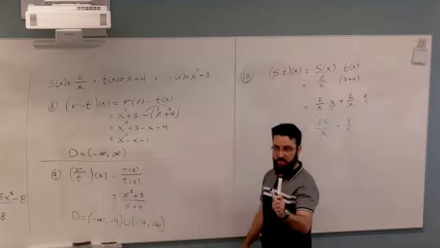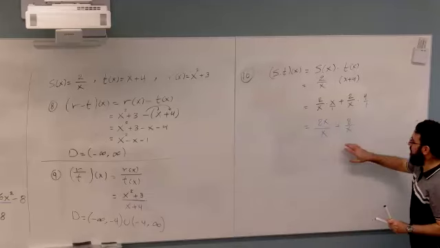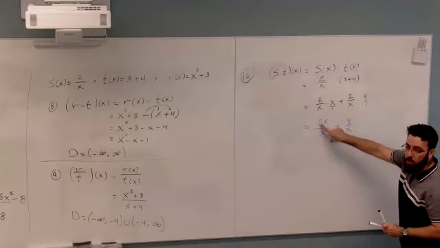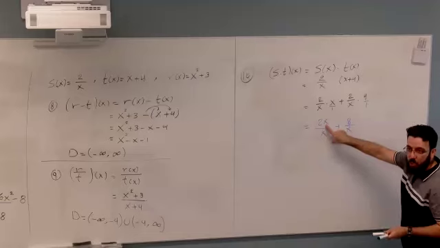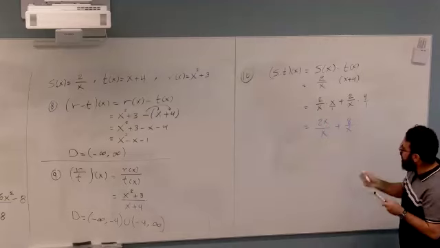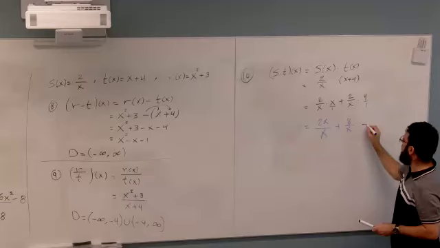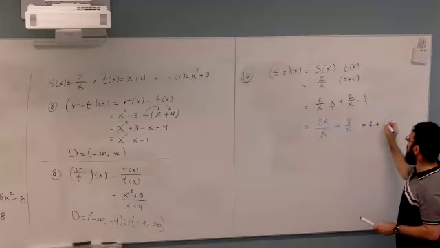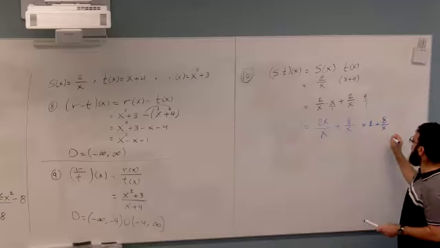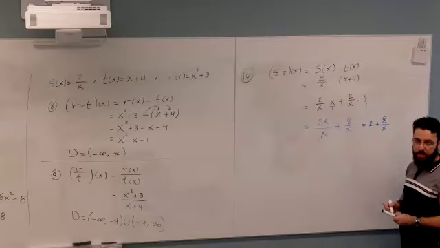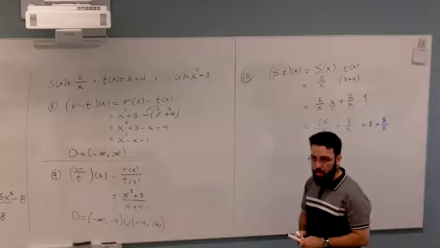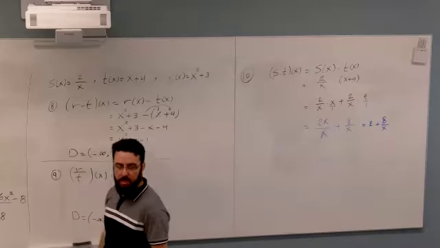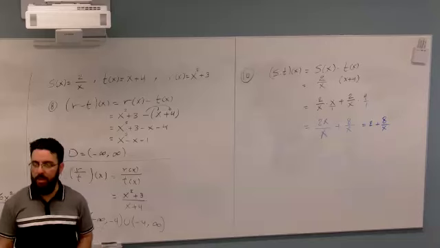Multiplication between 2 and x, right? 2x means 2 times x, so I can cancel the x with the x. What's left here is 2 plus 8 over x. This is the result. You can't just leave it like this. Now, what's the domain?